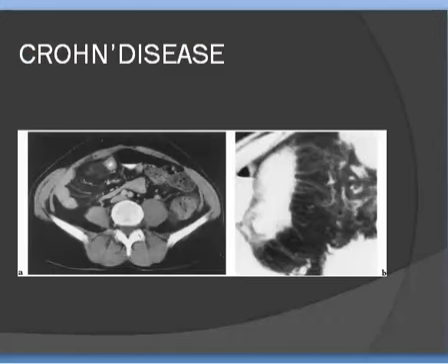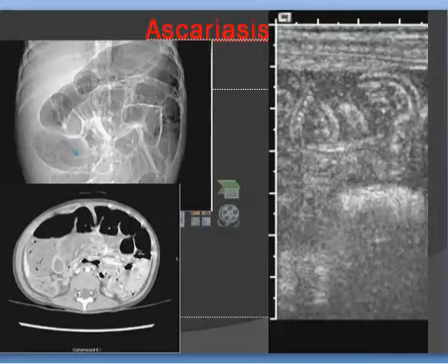or fistula. Again, Crohn's disease, thickened, irregular, multiple narrowing with involvement of the small intestine. This is how ascariasis can be seen within the intestinal loops.